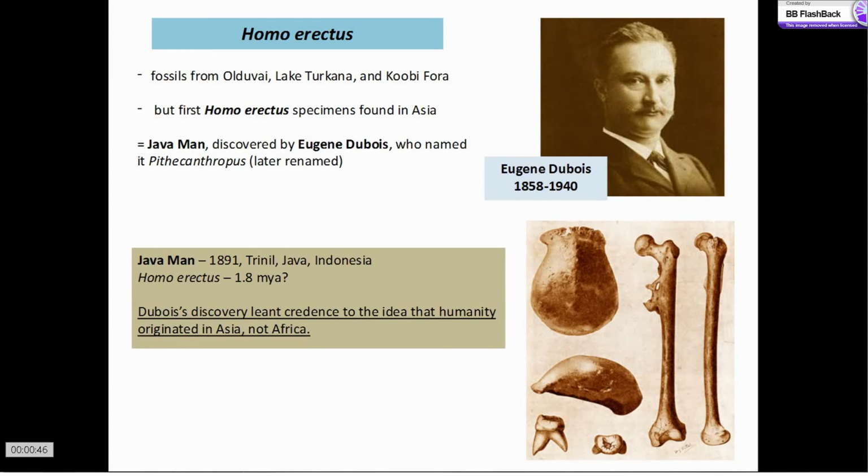The evidence is very good for that. However, the oldest Homo erectus fossils we have are 1.8 million years in Java. So the date could be wrong. These could be a good deal younger. But also, it could mean that humans were diversifying and spreading out of Africa a little bit sooner than everybody thought.